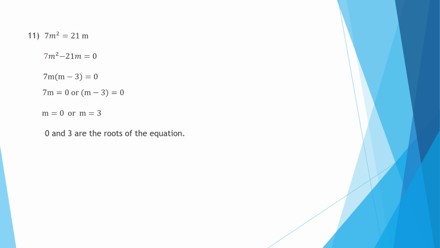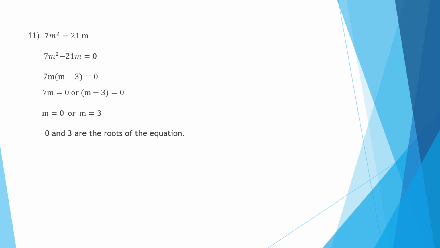After that, we take common from this equation. So 7m is common from this equation. So we write 7m here and in bracket m minus 3. So 7m into m is 7m square and 7m into minus 3 is minus 21m. So we write this equation in this form.